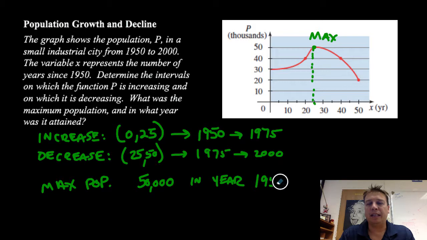So in 1975. Okay. All right. And this is all coming off of just a simple graph. What's the maximum population? Maximum population of 50,000 people, and it happened in the year 1975. But they've had a kind of a drop-off period since then, up until 2000.